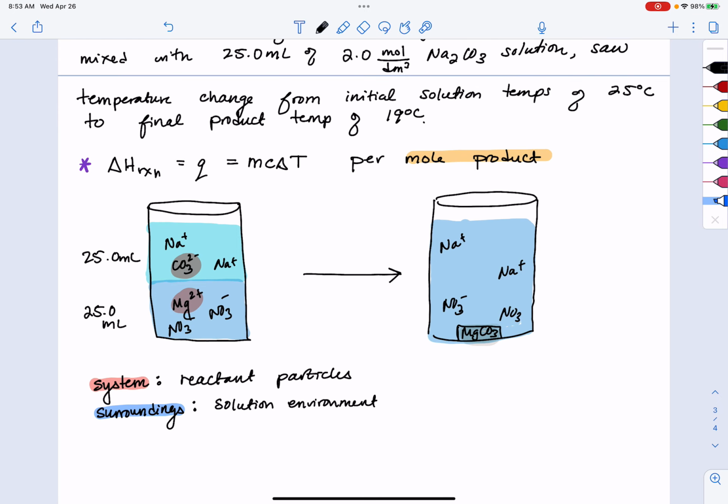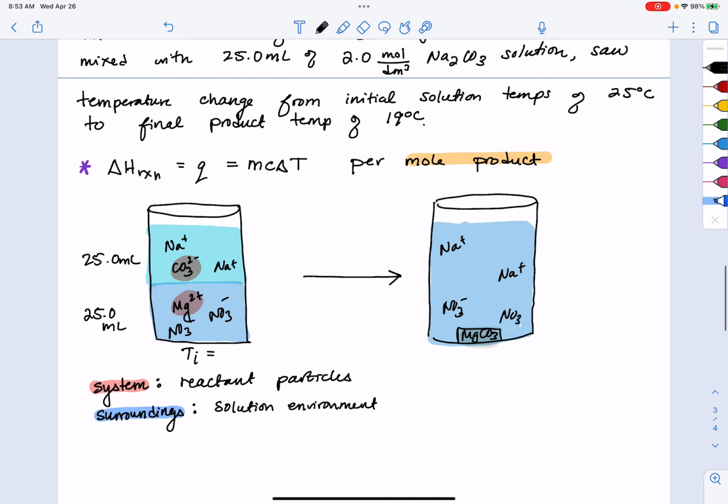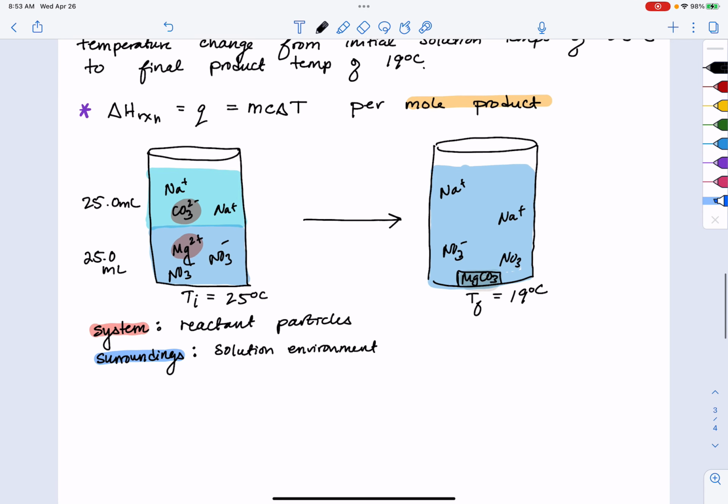So we have some initial temperature of our solution, which was given at 25 degrees Celsius. And then we have some final temperature of the solution, which was 19 degrees Celsius. So what we know is the solution environment had a change in temperature of 19 degrees Celsius minus 25 degrees Celsius.